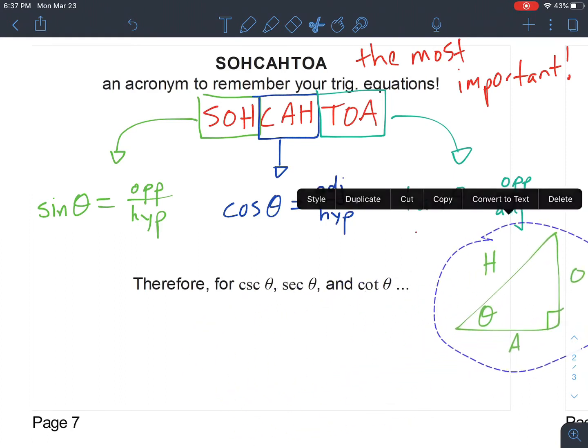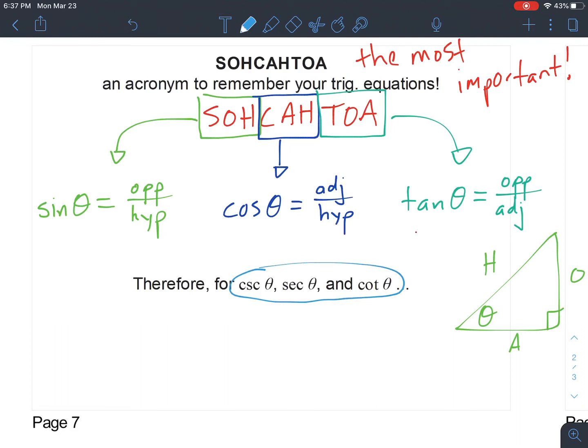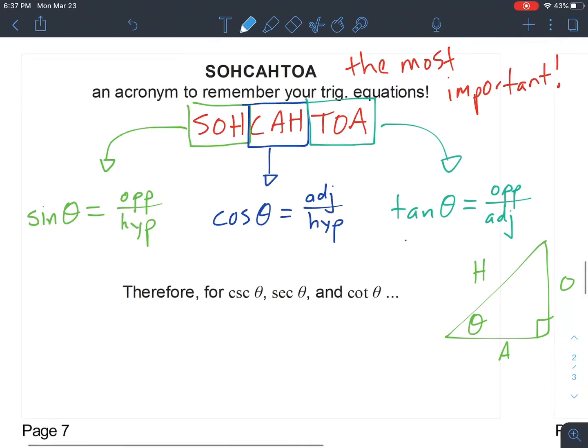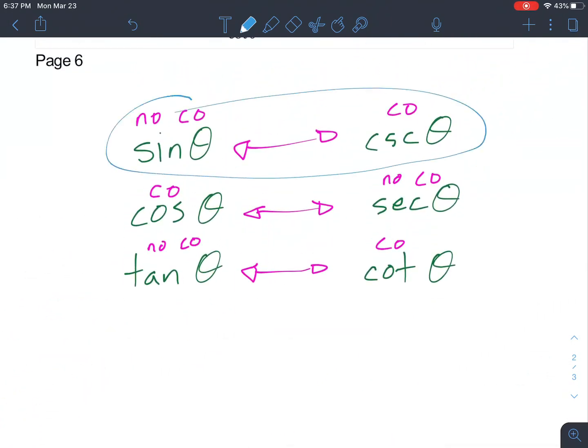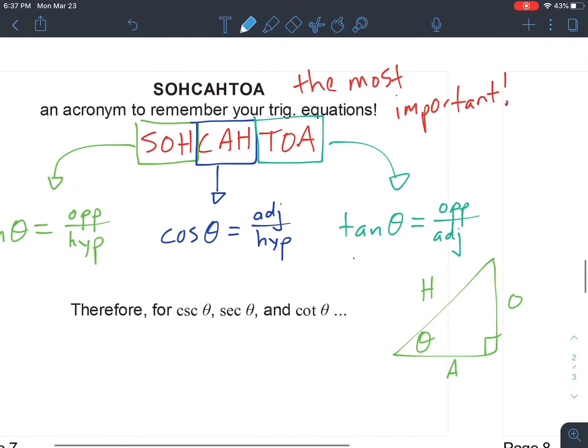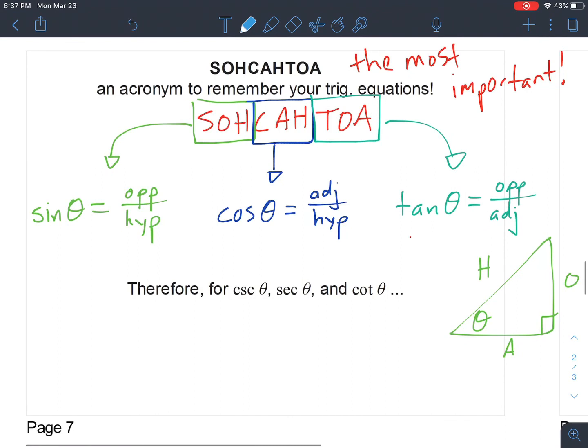However, this does exist then for cosecant, secant, and cotangent. Now we don't have a neat acronym to help you remember them, but that's why it was important earlier to remember the co and no co, because that's how we're going to figure out the other ratios. For our first one, cosecant.